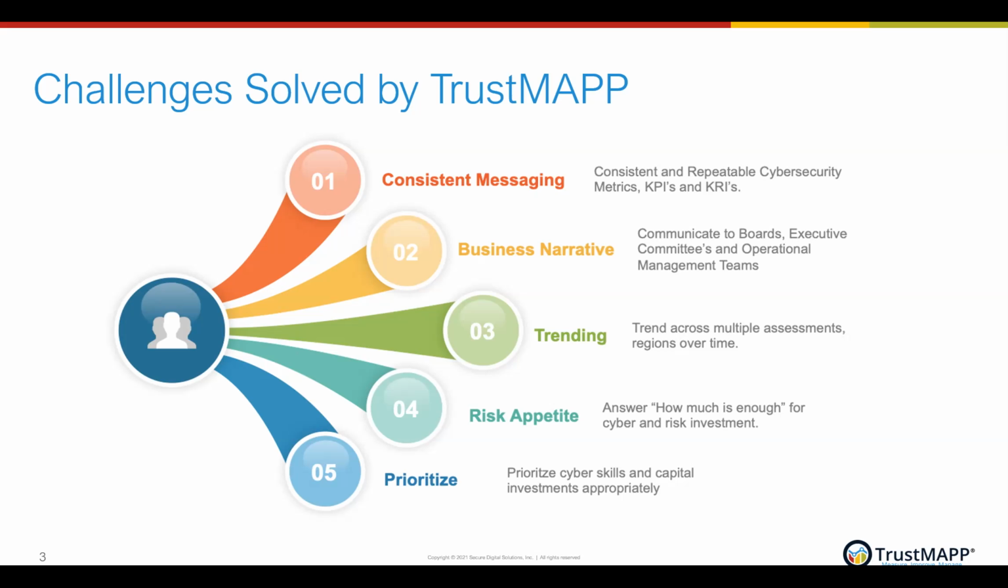With that, the platform provides a sound messaging platform, both to ensure consistency, but also to make sure that any metrics that you're using are those that resonate most clearly with the senior executives within your organization.